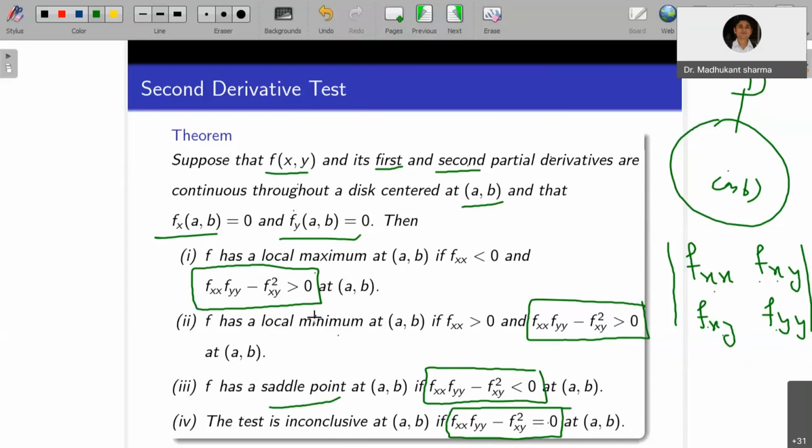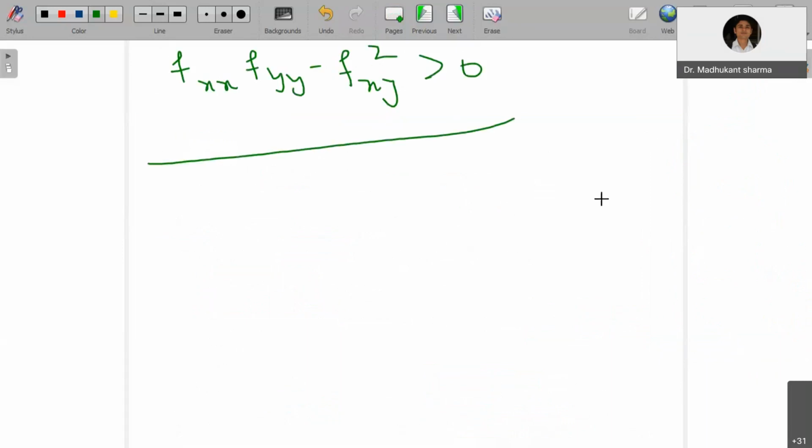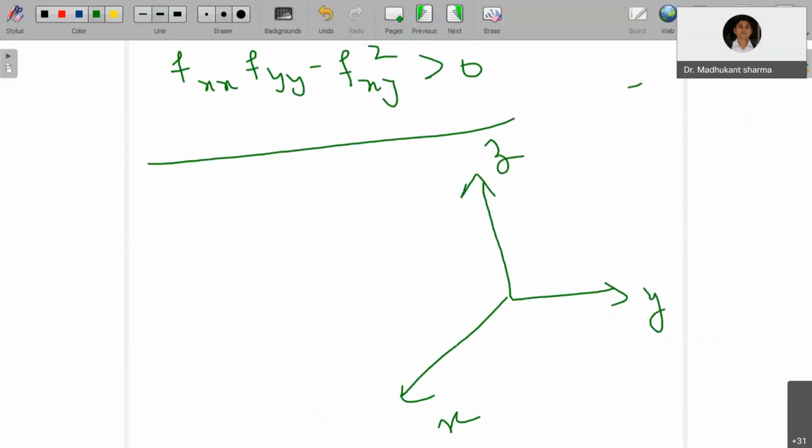Whenever the sign of this quantity is greater than 0, this theorem suggests that fxx times fyy minus fxy squared is greater than 0. So f(x, y) is a surface somewhere.